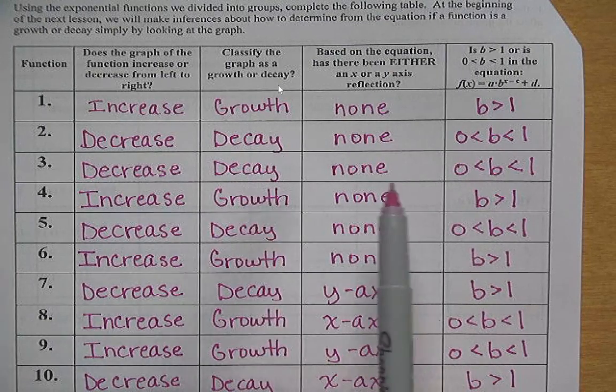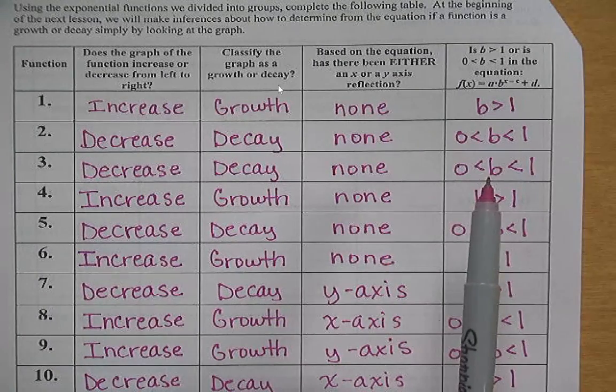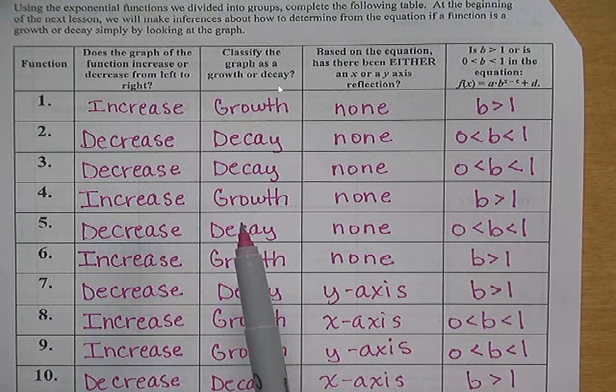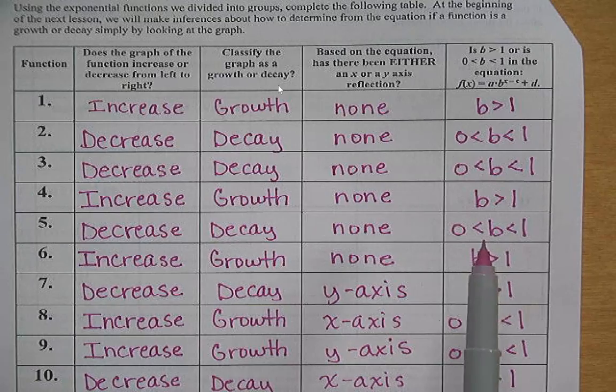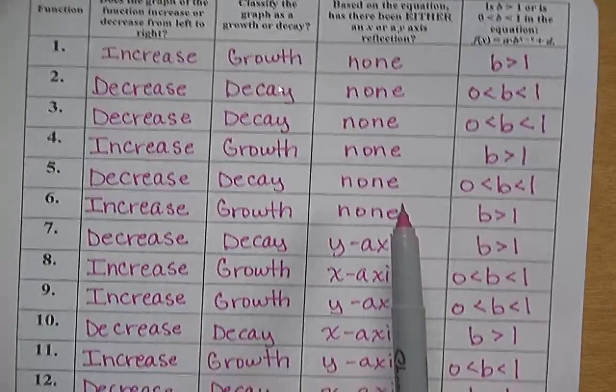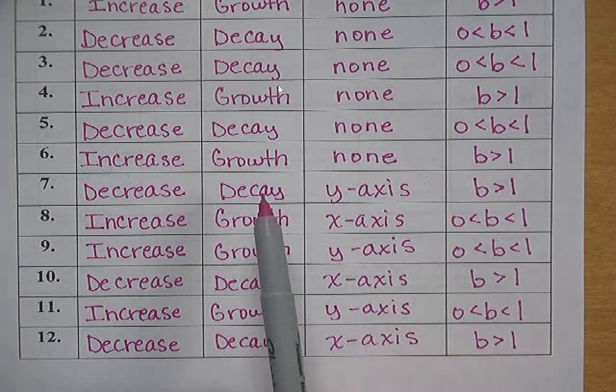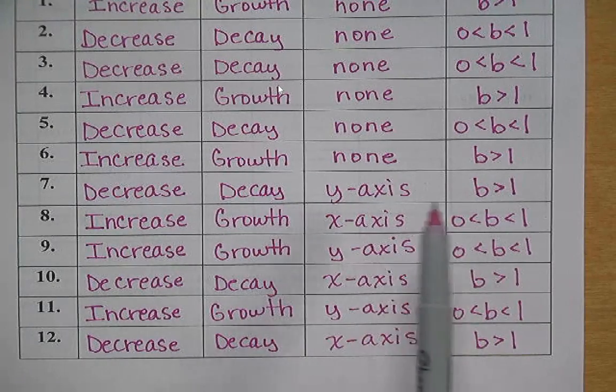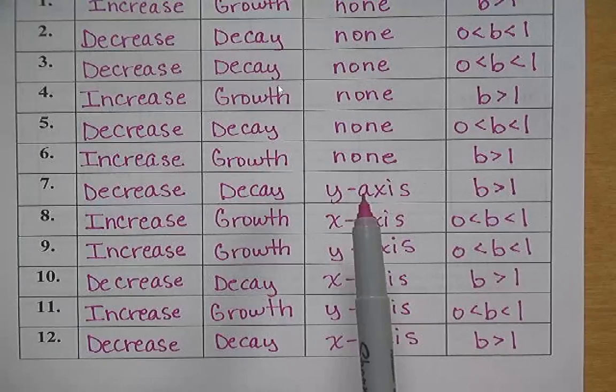Here's another decay where the b value is between 0 and 1. And another. It's when we start having reflections that changes. Here's a decay where the b value is greater than 1, but that's only because there is a reflection. And any type of reflection will change a growth to a decay and vice versa.